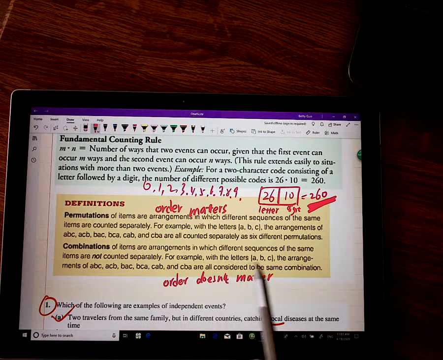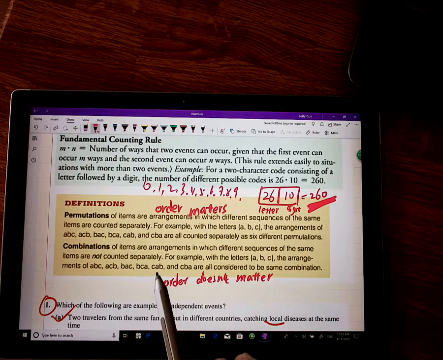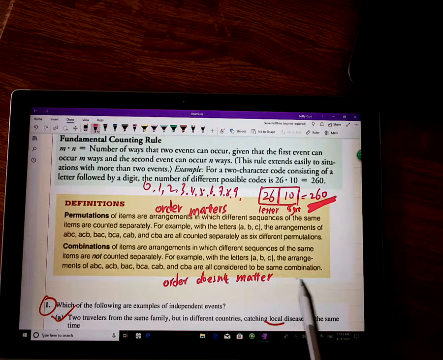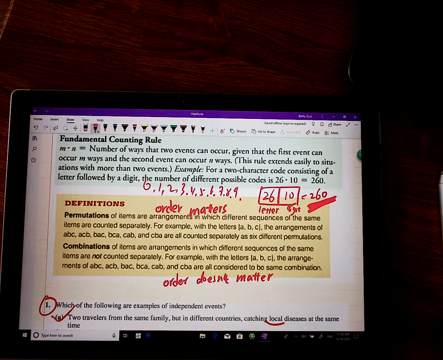For example, with the letters ABC, the arrangements ABC, ACB, BAC, BCA, CAB, CBA are all considered to be the same combination. Alright, so remember the two keywords for identifying permutations and combinations. I'm going to give you 3 examples to help you understand permutations and combinations in the next video.